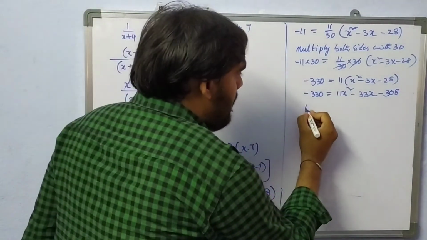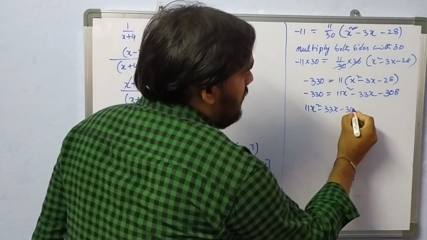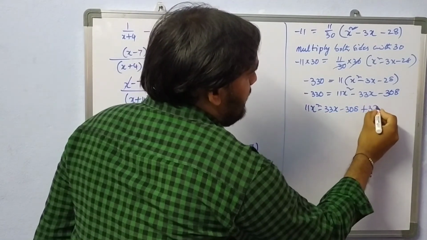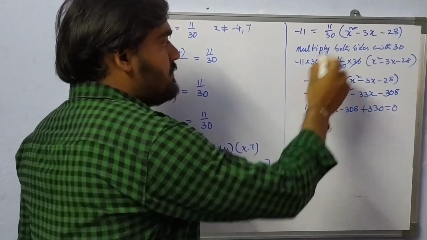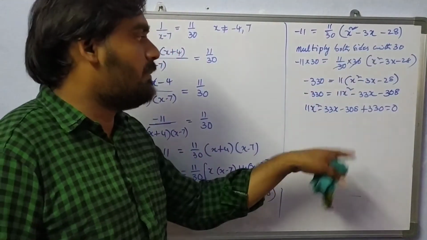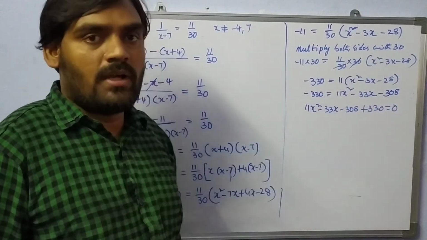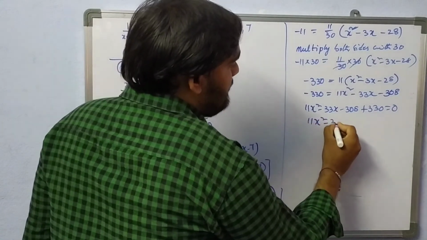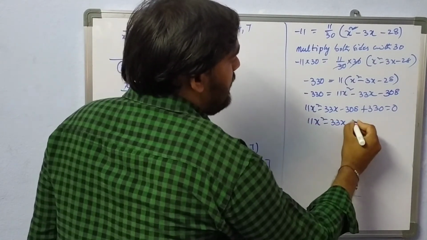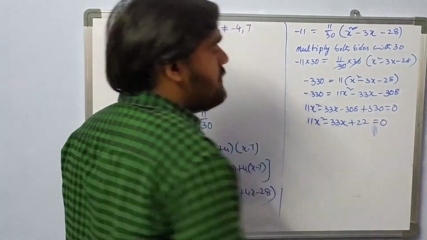Now we will get 11x square minus 33x minus 308 plus 330 is equal to 0. See here, I am sending after is equal to, it will become plus now. So entire thing I am writing here, is equal to 0 I kept. Now 11x square minus 33x plus 22 is equal to 0.